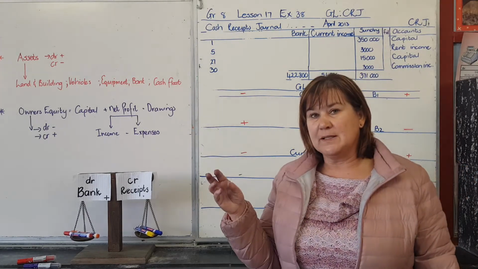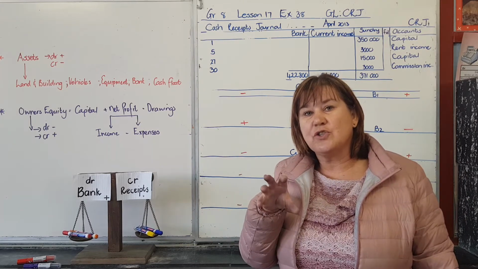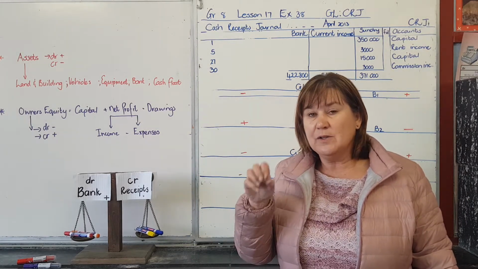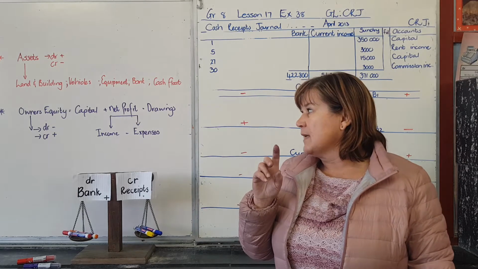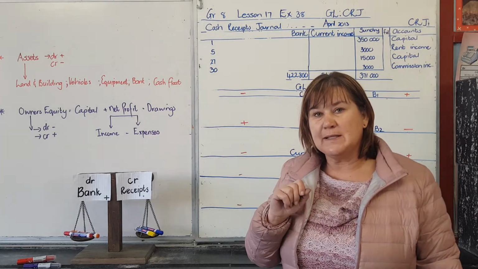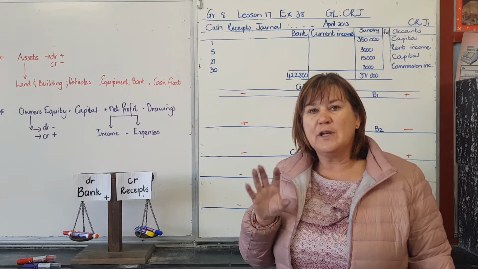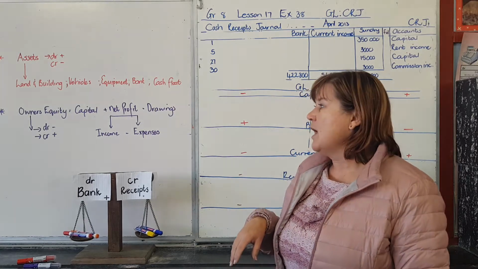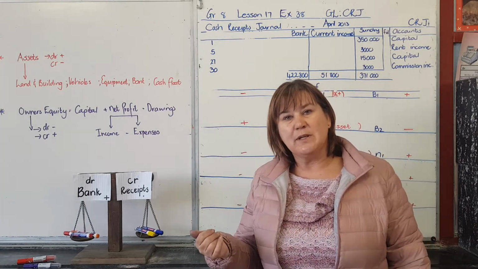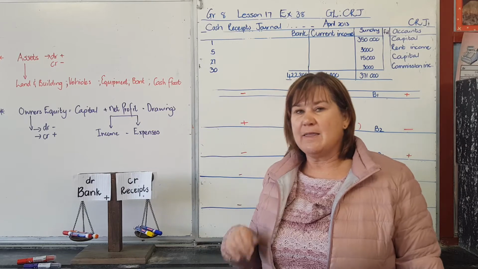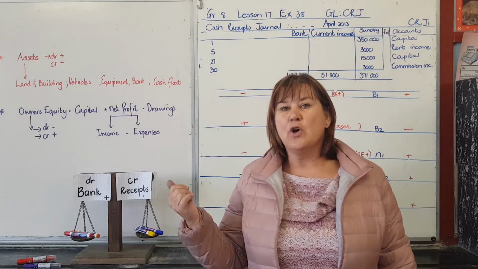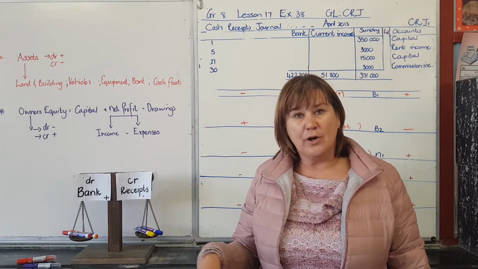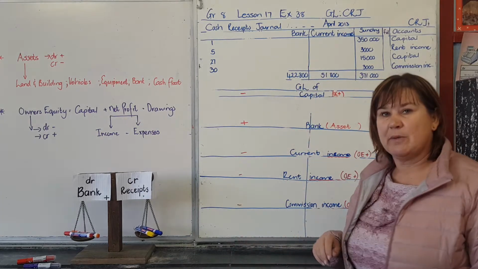Because the business owes that money to the owner. Okay, so remember, we do not work with liabilities in grade 8. You only need to know the definitions, but liability will then also be debit minus credit plus, and that will be like a bank overdraft or a loan, but you don't have to worry about that.